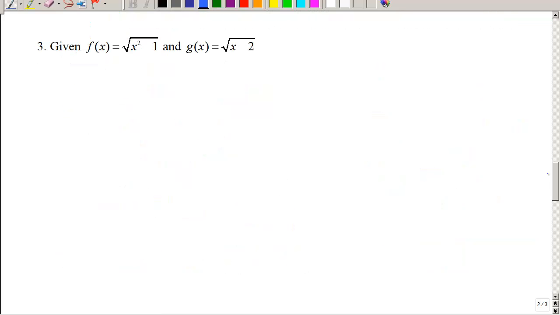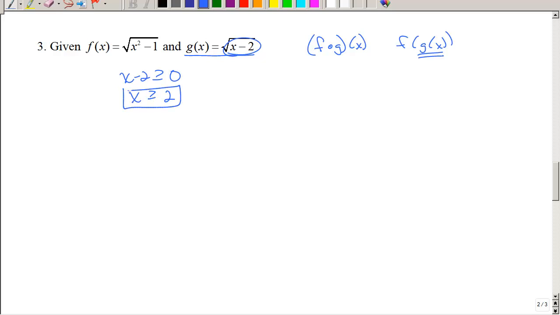Now we're going to do a little bit harder, not that much harder. Again, we're going to do f of g of x this way. So that's my input function. So again, this has to be greater than or equal to 0. So that's step 1. Find the domain of your input function. Step 2.